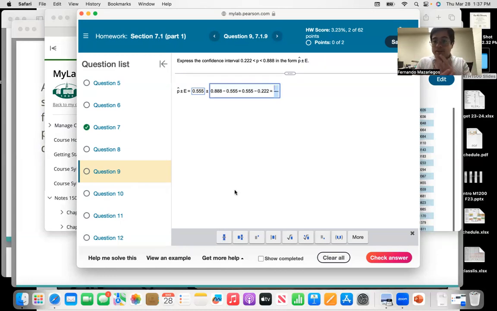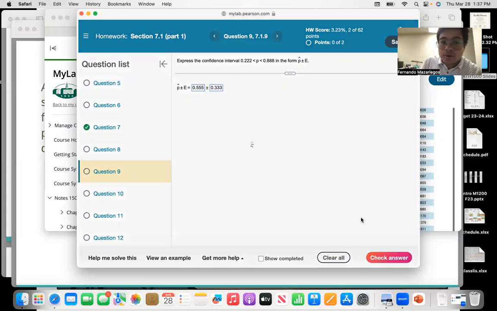Or we can also tell that between the lower limit and the upper limit, there are two margins of error. So we can calculate that difference first and then divide by 2. But any way we do it, we would get 0.333. So p hat in this case is 0.555, and the margin of error E is 0.333.